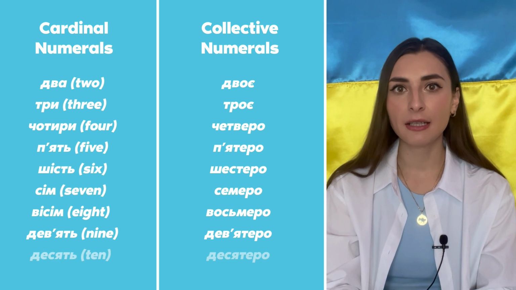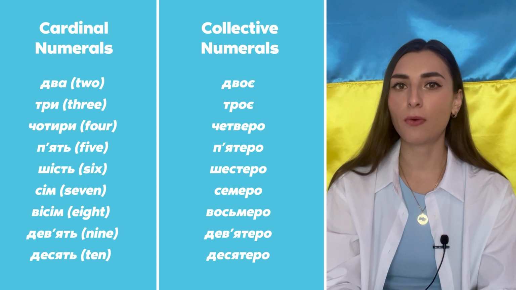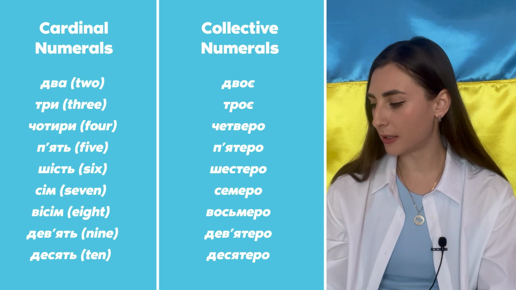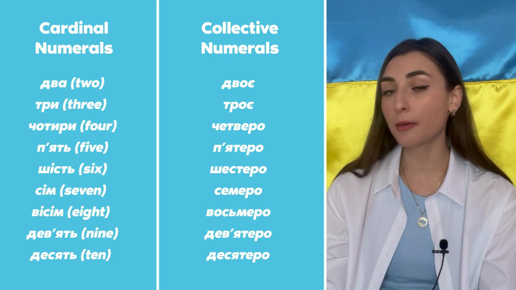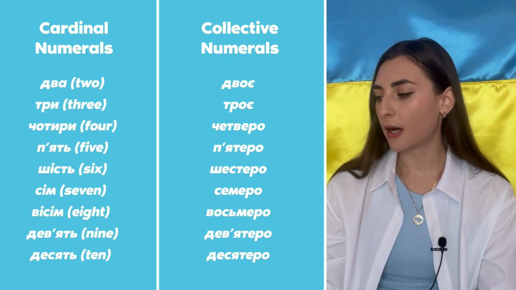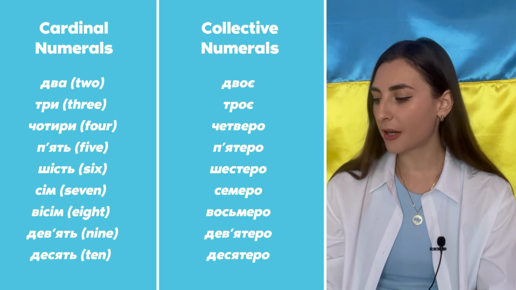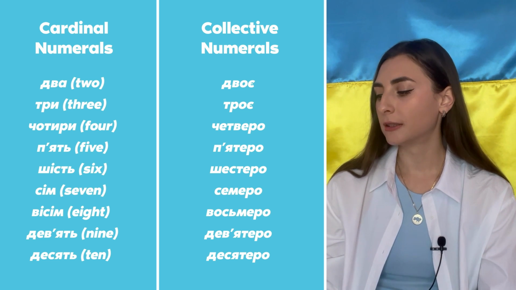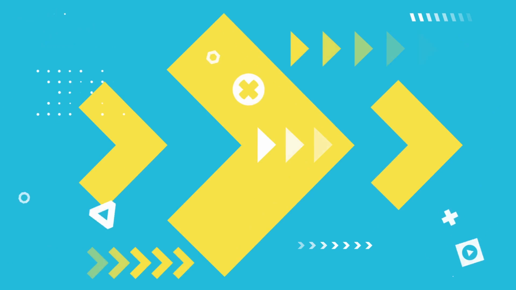And 10, десятеро. Yes, guys, we have different forms for these collective numerals. Please check out the table that you can see here on the screen. You can pause it, you can write down these forms so we can see. Let me read one more time only collective forms. So двоє, троє, четверо, п'ятеро, шестеро, семеро, восьмеро, дев'ятеро, and десятеро.